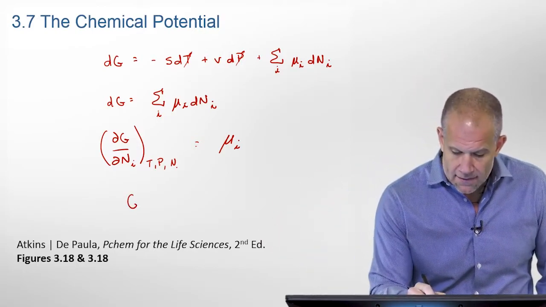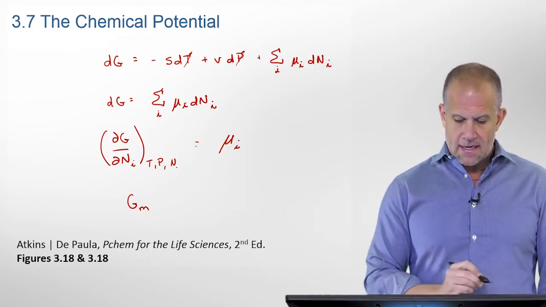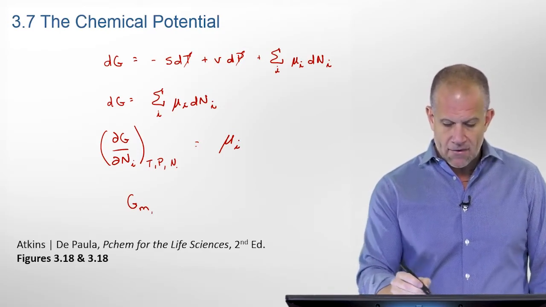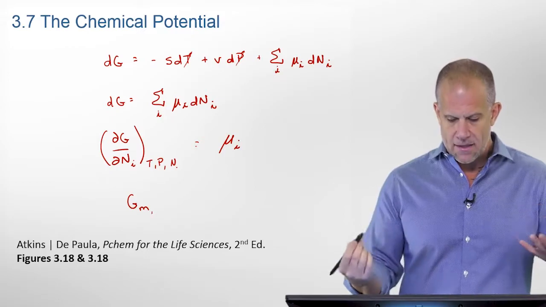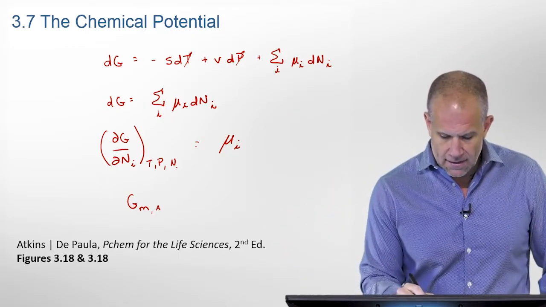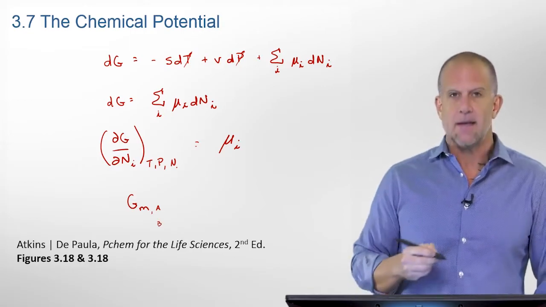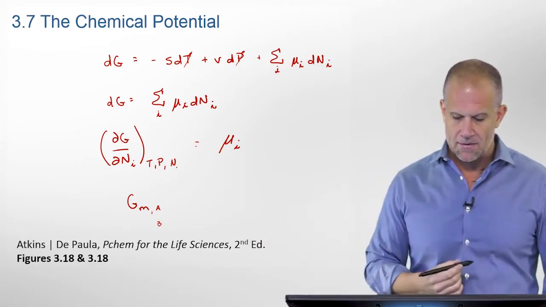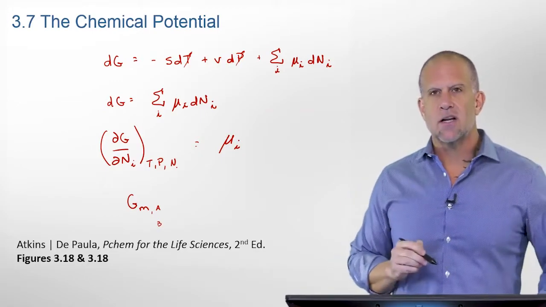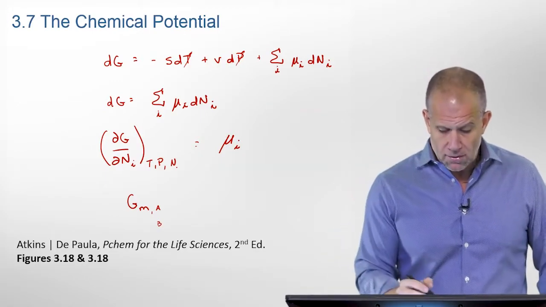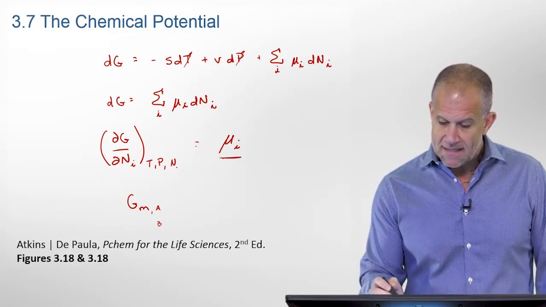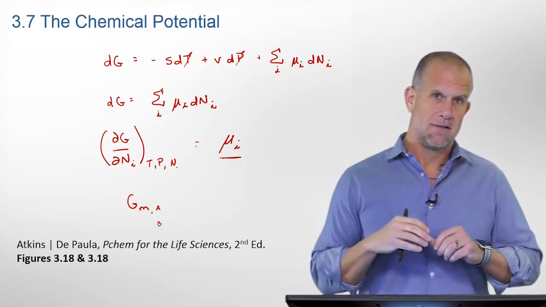And so this is often just given this for the molar quantity, and then whatever the ith component is. And this book, as well as most, would start by just calling it the A component, and then the B component, C component, etc. And so it's really giving you an introduction that the partial molar Gibbs free energy is the chemical potential.